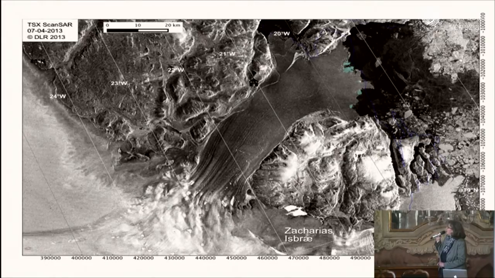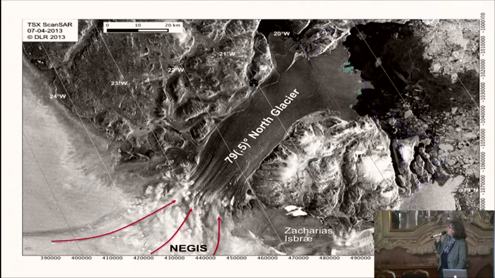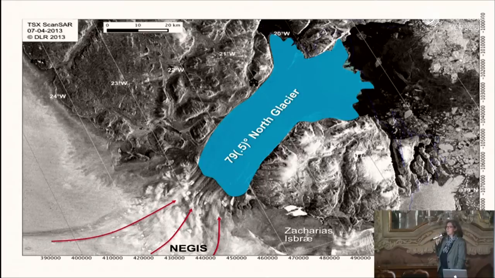So this one is retreating and accelerating already quite a bit. This one here, the 79 North Glacier, is the outlet glacier draining one part of the Northeast Greenland ice stream, and it has a floating tongue. So this is a floating part. Everything that's bluish here is moving with the tides up and down once or twice a day.